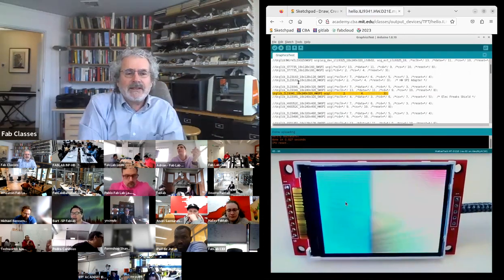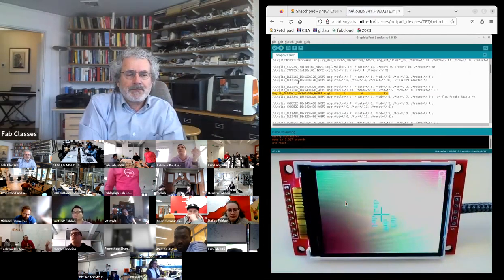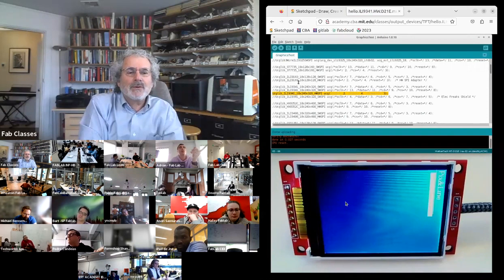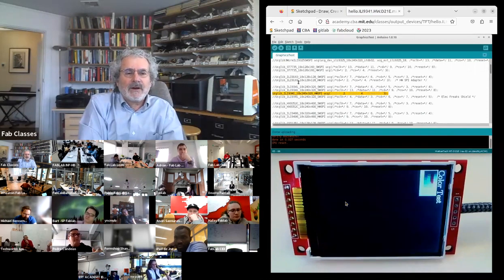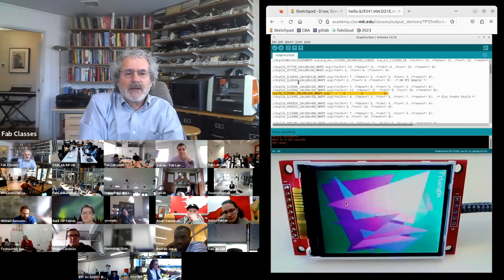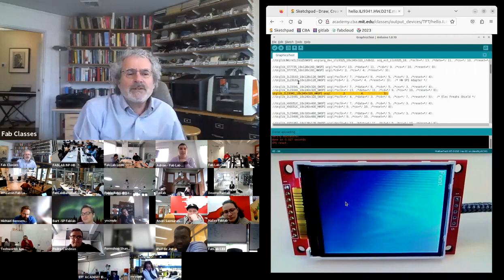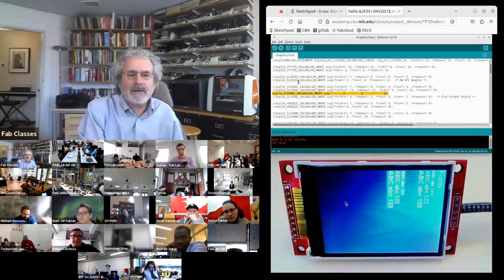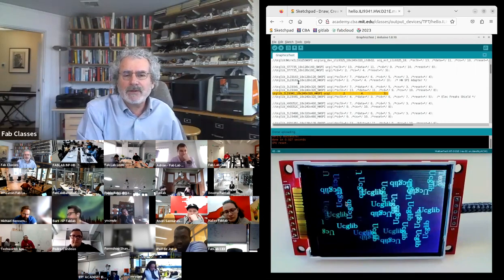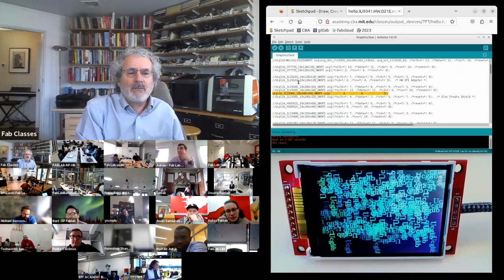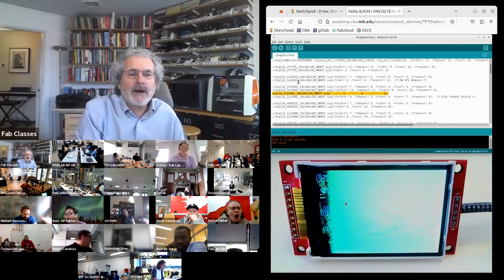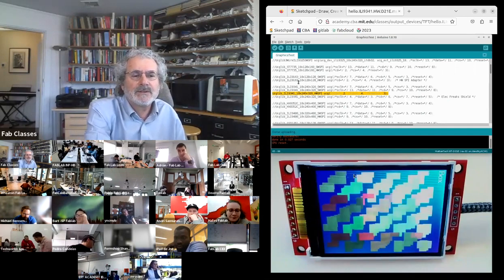But this is the library's demo code running through a sequence of things on the TFT display. So common ones for these are a few inches big. Again, it's a bitmap display, so you can do arbitrary graphics on it. And once you have this, you can do all kinds of debugging and communication from your projects to have these kinds of screens.